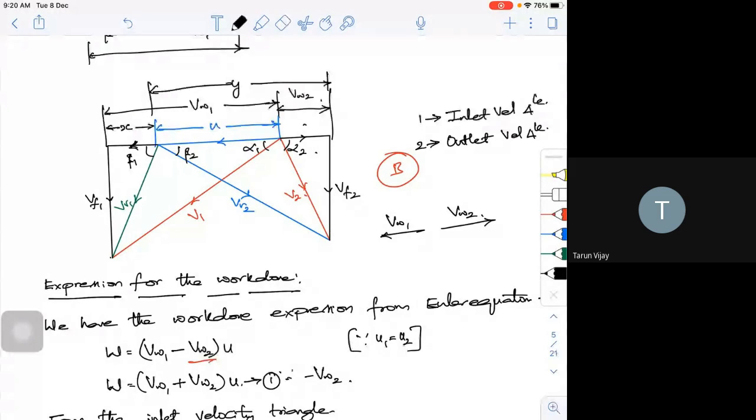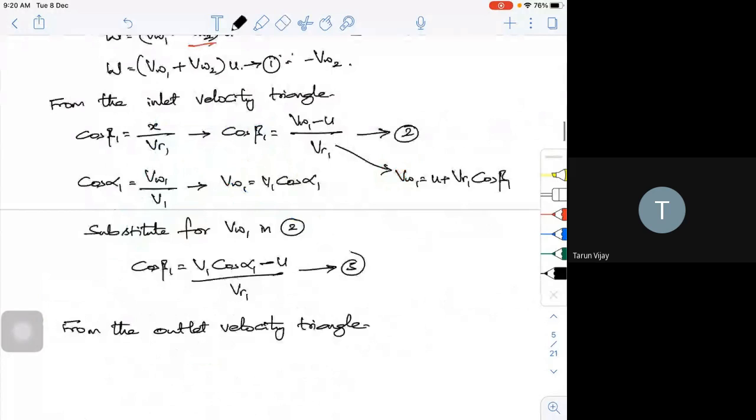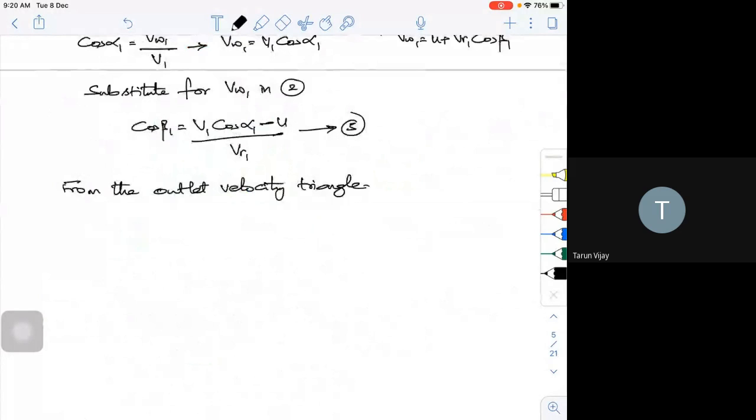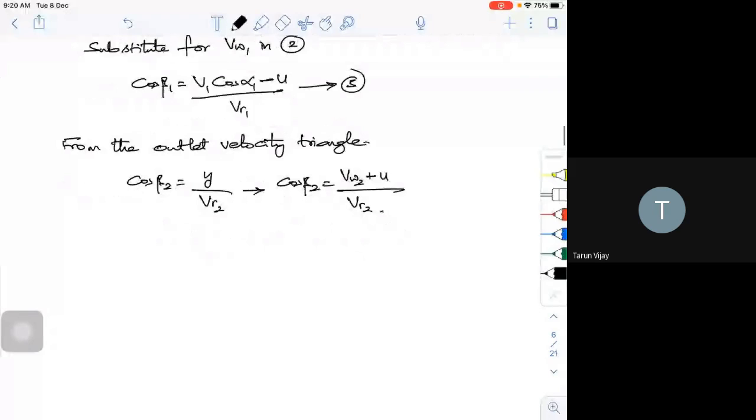So from the exit velocity triangle, I can write cos beta 2 is equal to Y divided by VR2, which is VW2 plus U divided by VR2, or VW2 is equal to VR2 cos beta 2 minus U. I call that equation number 4.